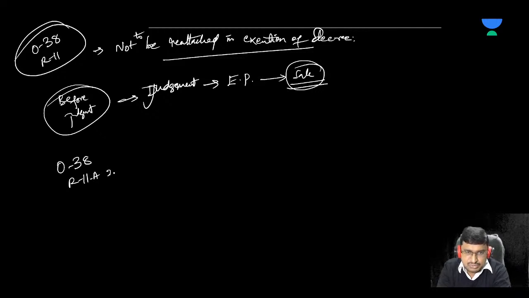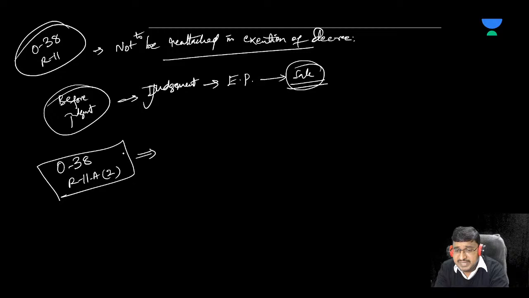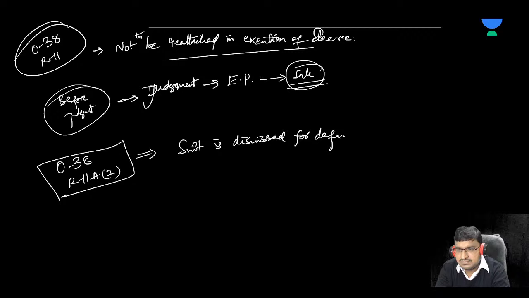Order 38, Rule 11-A, sub-rule 2. This is very important, friends. An attachment made before the judgment in a suit which is dismissed for default. The suit is dismissed for default.